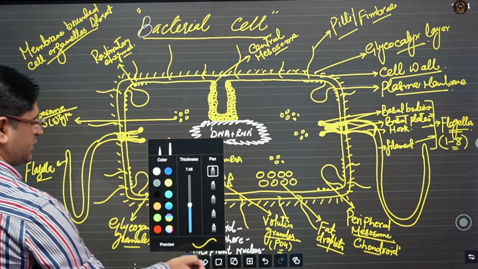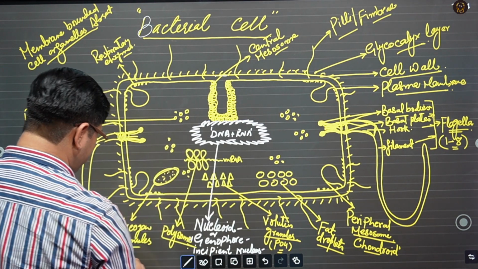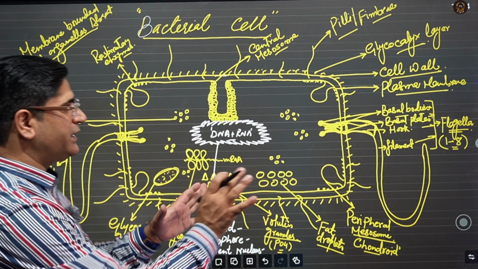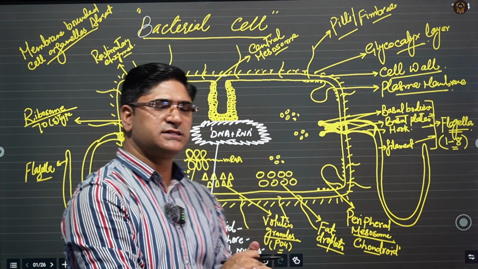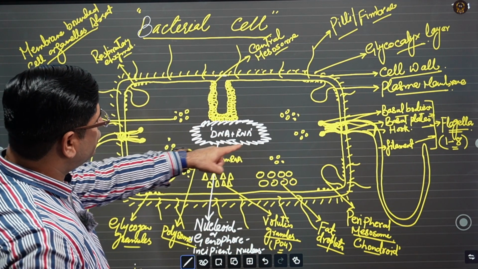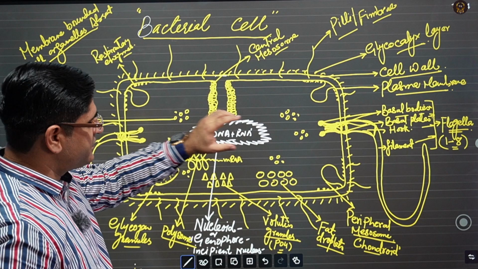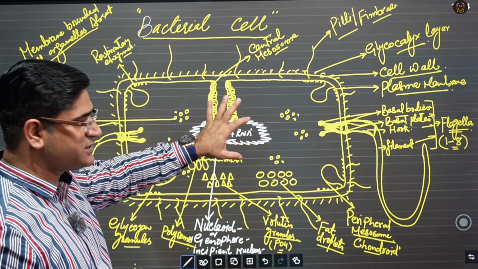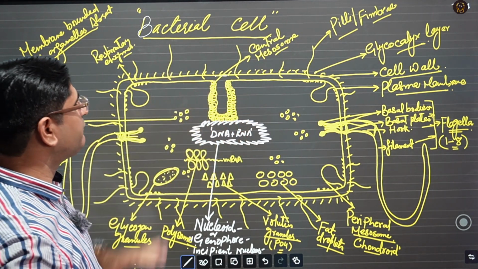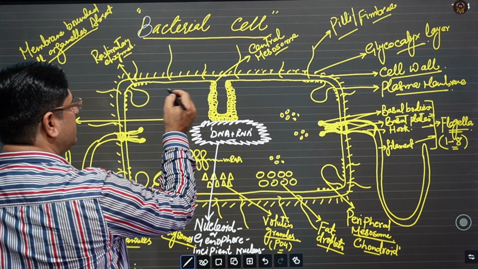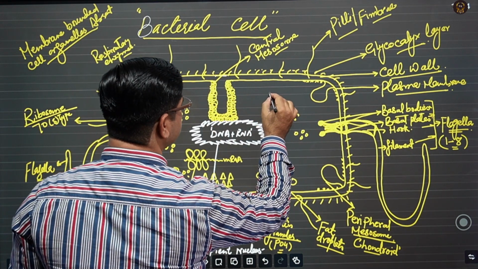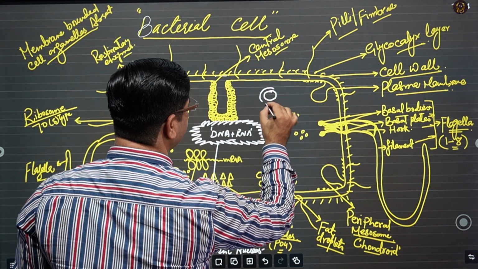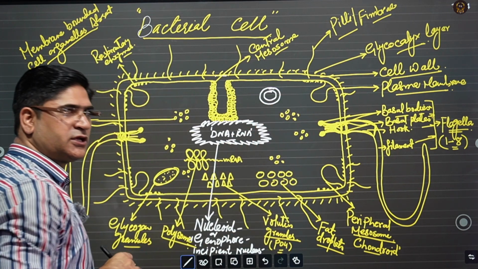Apart from this, there are some bacteria, not all bacteria, which apart from their own genomic DNA, this main central DNA which is the cell's own DNA, may have some double-stranded circular DNA.